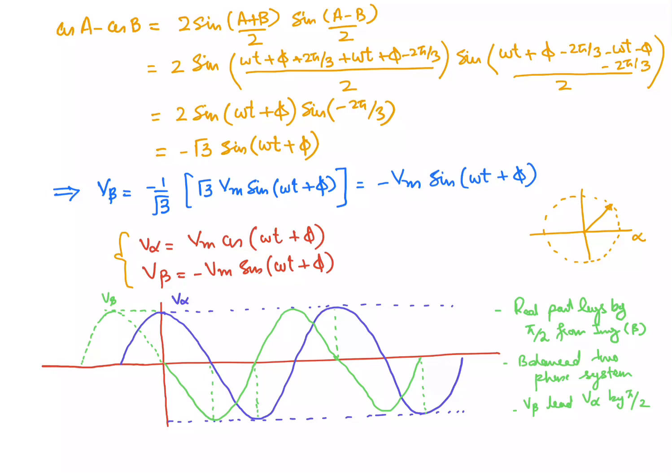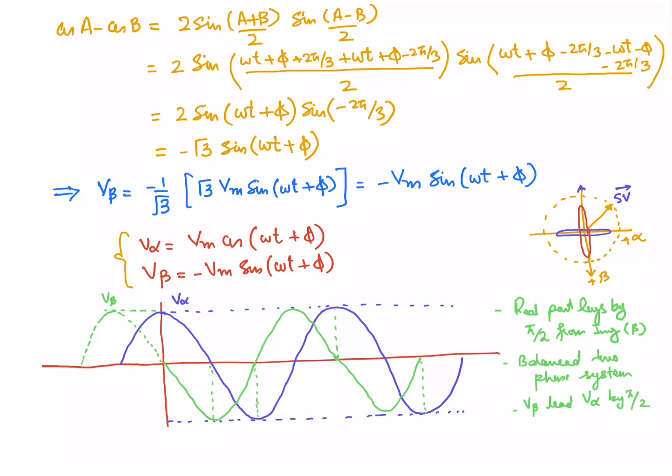This is, let's suppose, alpha, and in this example we have considered the beta lagging behind. So beta axis is this one, this is positive beta. So our space vector will be rotating because we have two sinusoidals. One sinusoidal is changing its magnitude along the alpha axis, and the other sinusoidal is changing its magnitude along this beta axis.